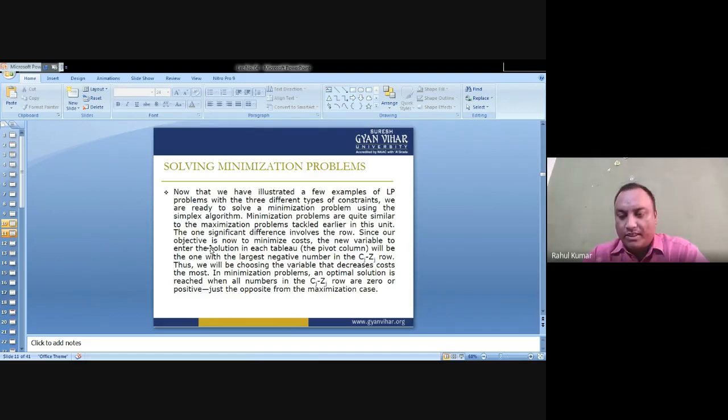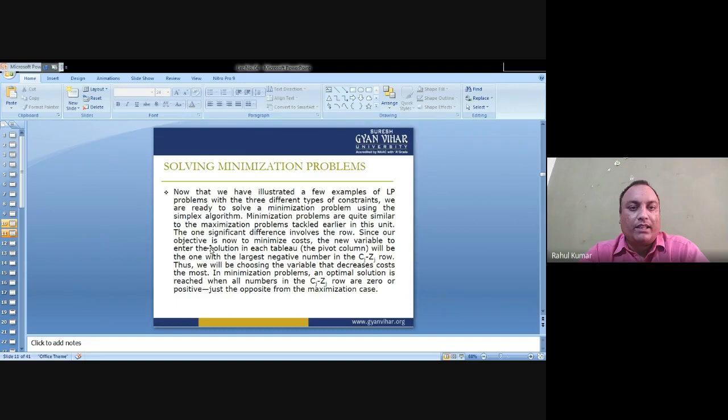The difference between the maximization and minimization problem is here. Maximization means maximize the profit of the company, and in the case of minimization, minimize the cost of the raw material, reduce the cost of the different types of material, right? We will be choosing the variables that decrease cost the most.